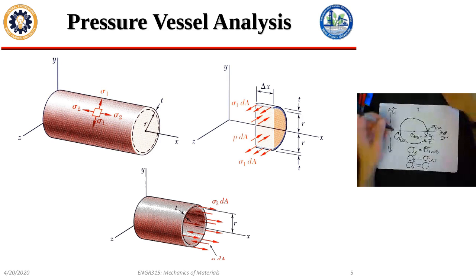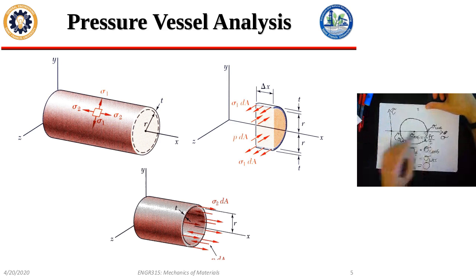Okay. So if sigma z is 0, I can draw another Mohr circle. If this circle goes from the x direction to the y direction, I can also draw from the y direction to the z direction.